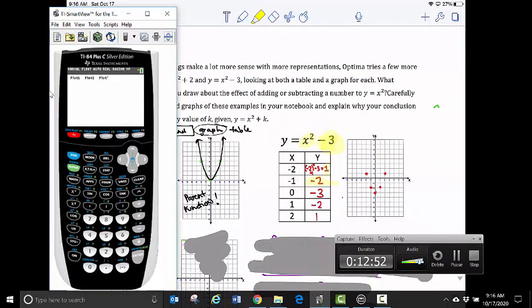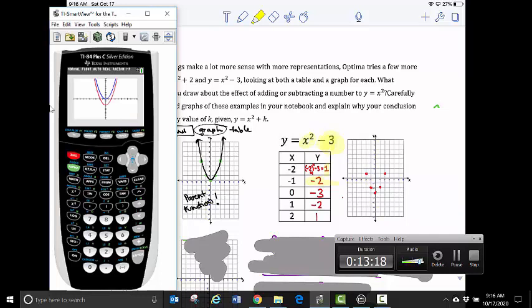And so what you will do is do that on your calculator and write this in before you turn it in. Graph. So you can actually get it from right there. There's the original. There's the new one.